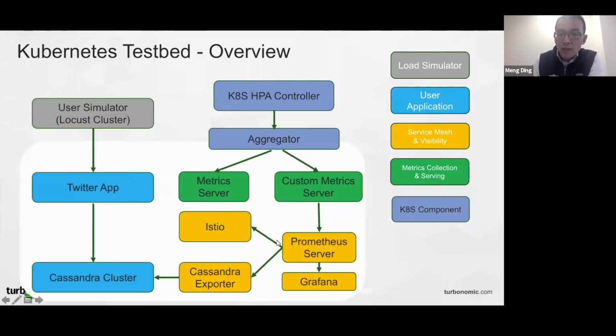So with that said, we have our testbed in place. The next thing is how are we going to design our tests? How do we enable these solutions? What are the steps that we should go through?